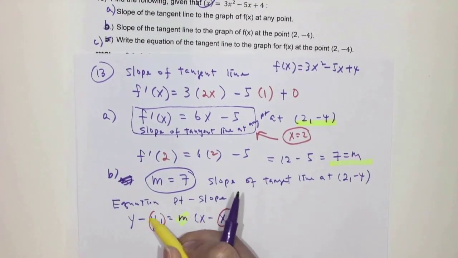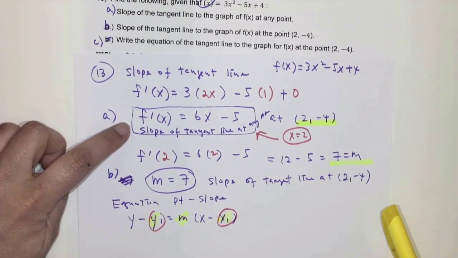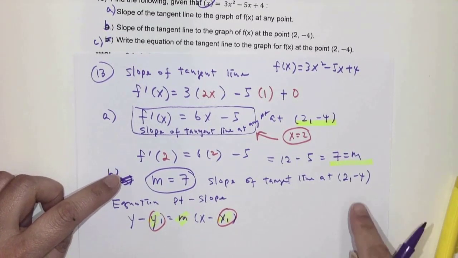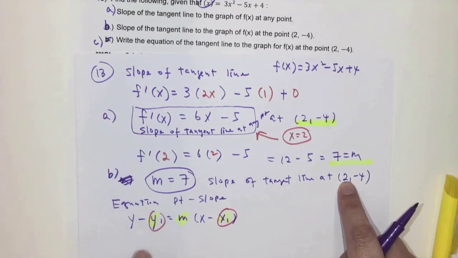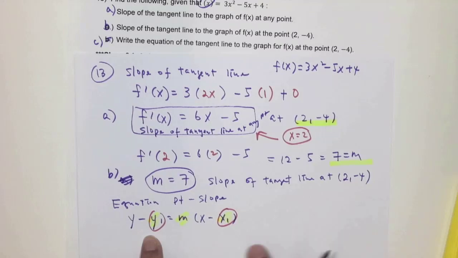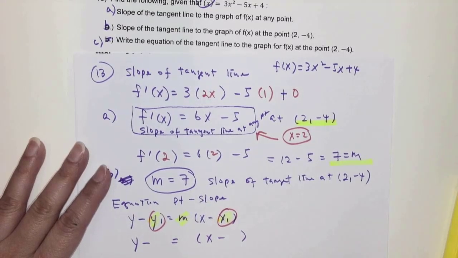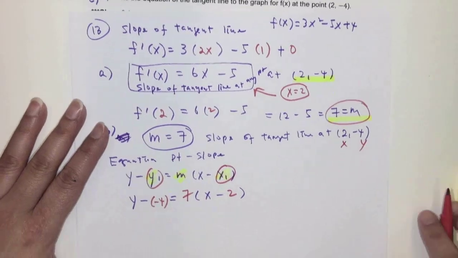So whenever you just found the f' of x, that represents the slope of tangent line at any point. And then if you wanted the slope of tangent line at a particular point, you plug in that x value for f' of x. And now we need the equation of line, so we use a point and the slope to plug in, right? Y minus something, slope times x minus something. So the point x and y, x is 2, y is negative 4, and my slope we found earlier was 7, right?